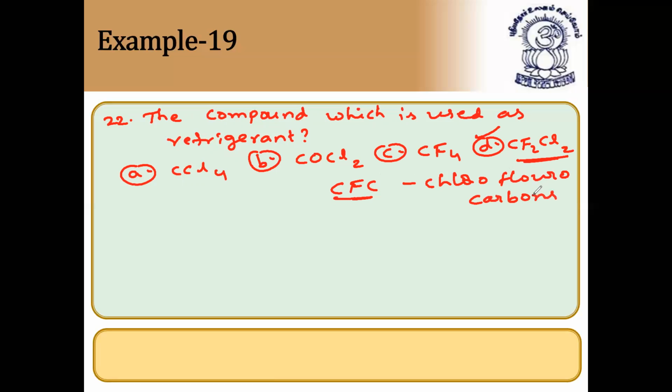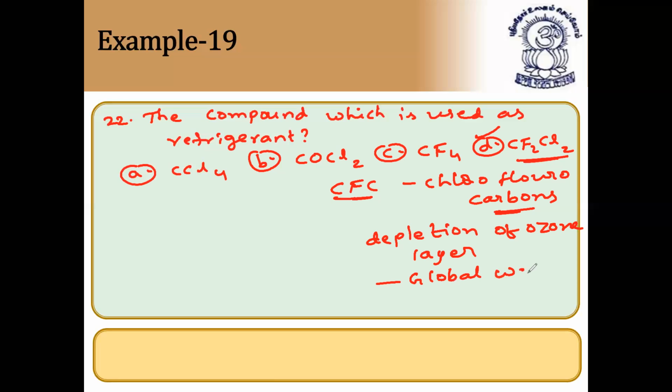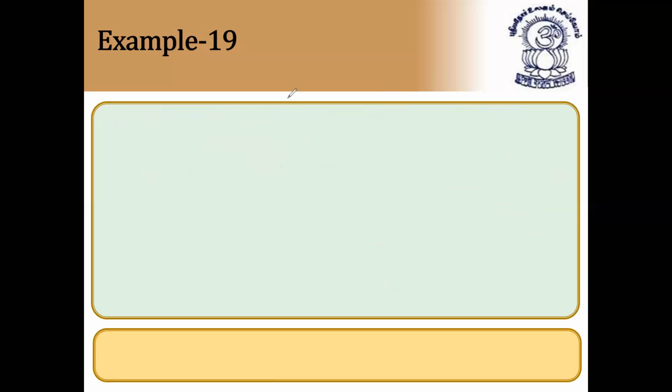From refrigerators only, these are released into the atmosphere, so they cause depletion of the ozone layer, which causes global warming. So the compound used as a refrigerant is CF2Cl2, called chlorofluorocarbon. I hope it is clear. Next, question number 23.